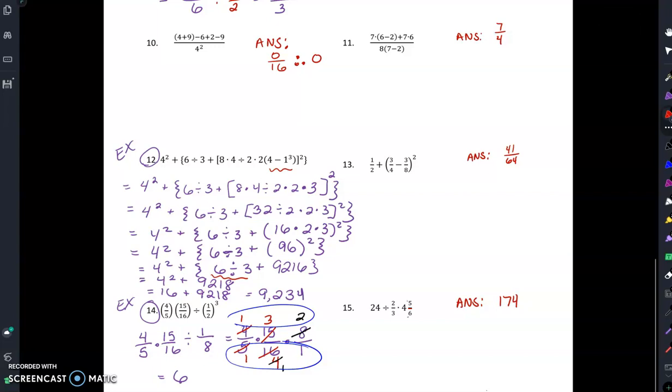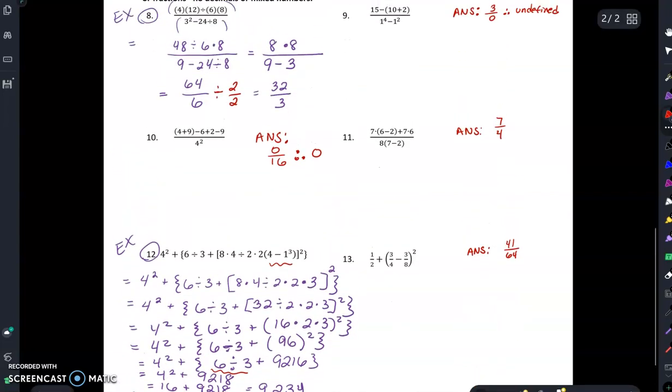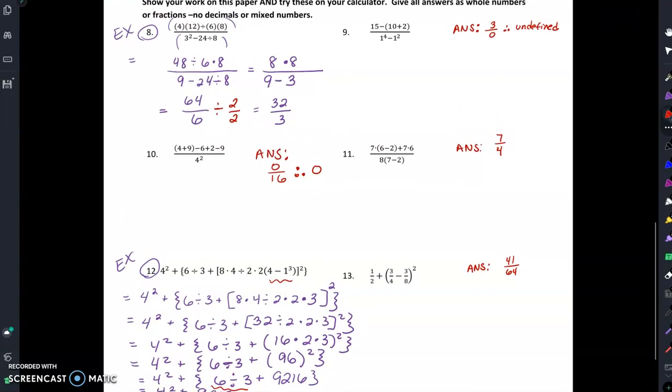Now I'll go in and fill in all the solutions. So if you missed any of those and you want to see all the steps, or you're just interested in seeing how it maps out, your answers should be exactly the same as mine, but the way you get there can vary.